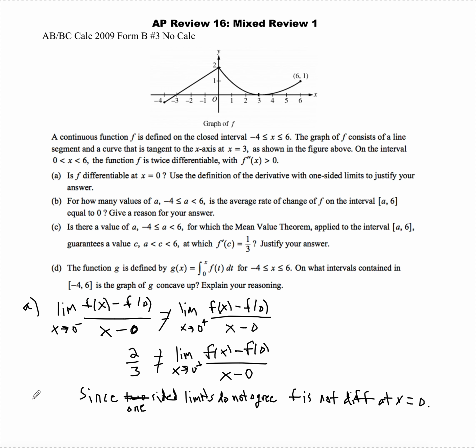There we go. All right, 1 point for setting up the difference quotients, 1 point for your answer with justification. All right, let's move on to part B.